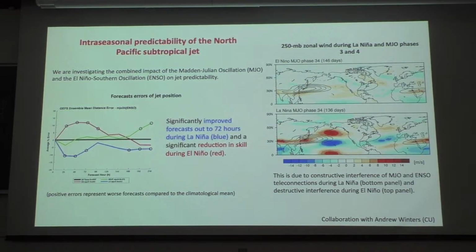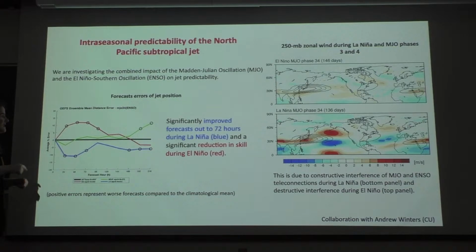The last one that I'll talk about super fast is getting at the idea of impacts of MJO teleconnections. This is a collaboration with Andrew Winters, who was John Martin's PhD student back in the day when I was faculty at CU, looking at forecast errors in jet position and the role of teleconnections associated with that.